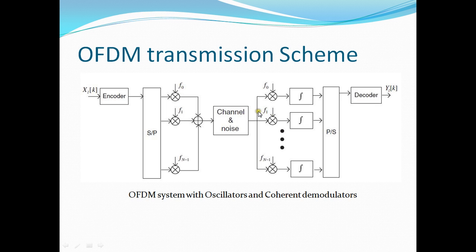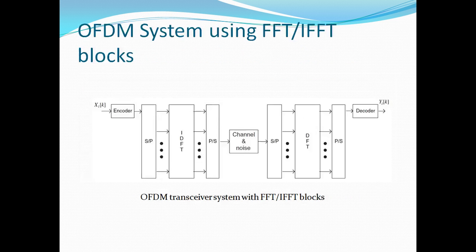At the receiver, the received signal is fed to different coherent demodulators, where each code word transmitted over a single frequency is demodulated, and then it is integrated over one symbol, and the transmitted data is recovered.